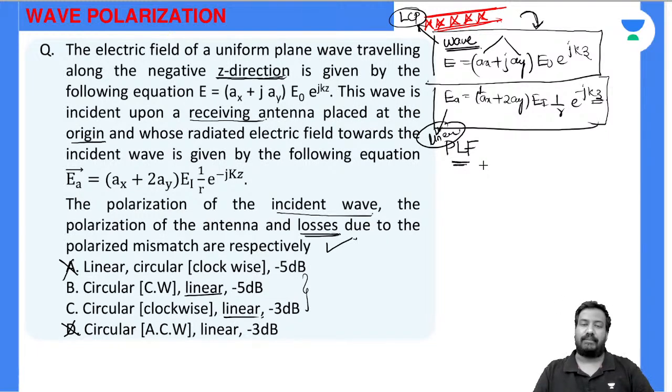How much is the loss, I am asking? Anyone? Yeah, good evening. GK antennas. What is the answer? Okay, can you tell me, dear? Wave is circularly polarized. If you are having any doubt in that, you can ask. Antenna is linearly polarized. There is a polarization mismatch. Due to polarization mismatch, there will be loss. How much is the loss?